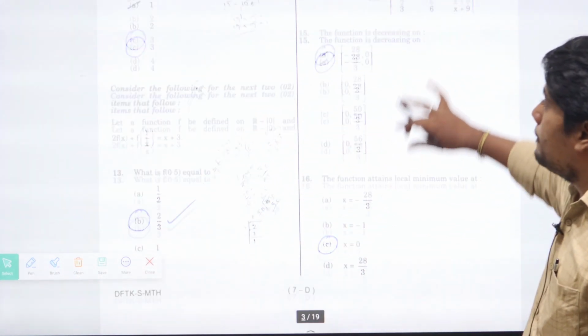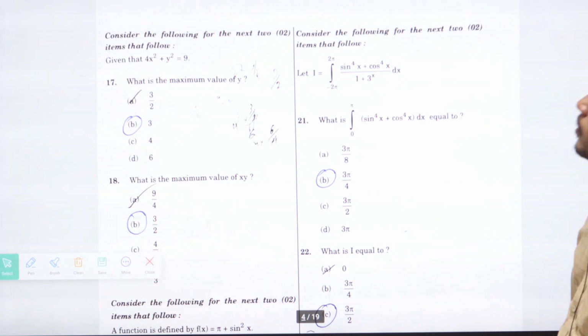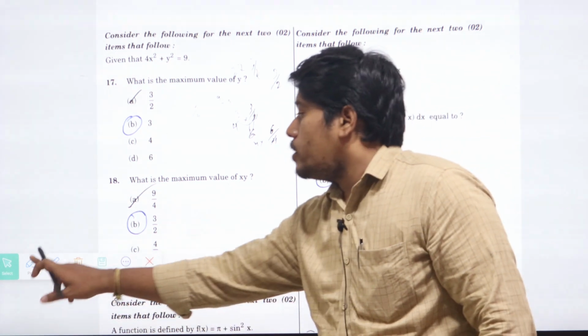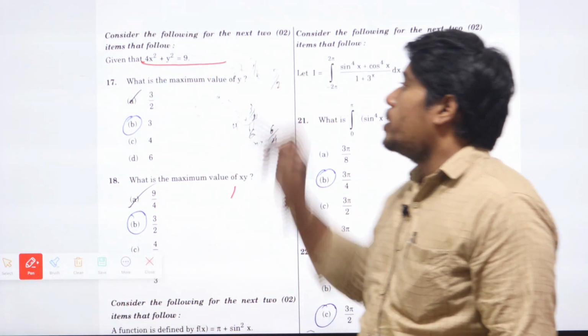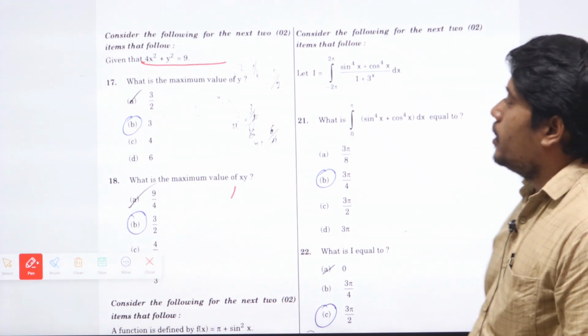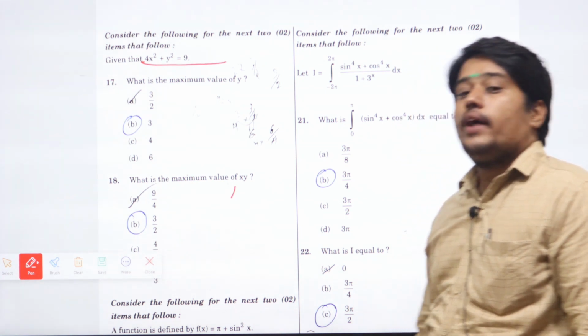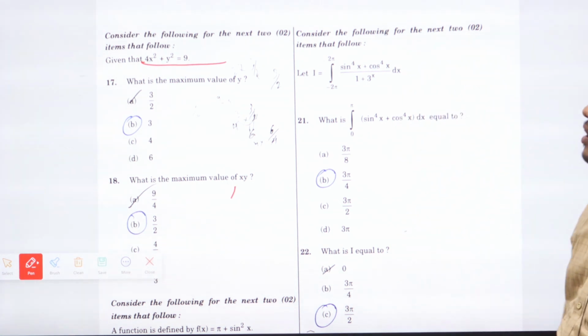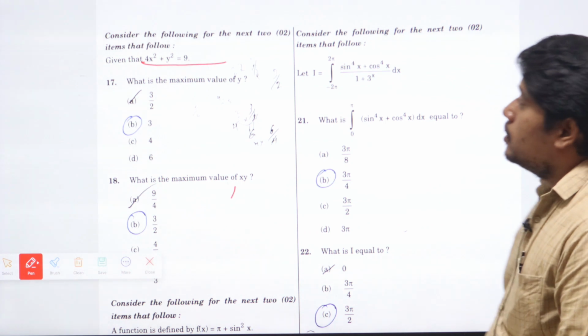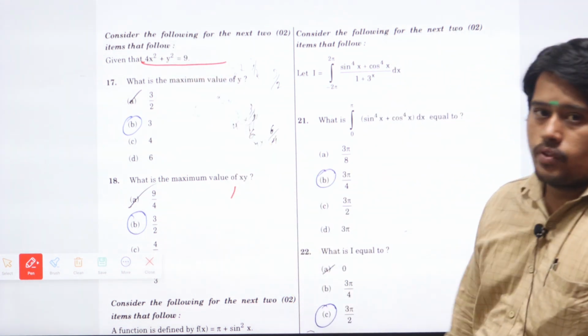So next, question number 17. Given that 4x square plus y square is equal to 9, what is the maximum value of y? And another question, what is the maximum value of xy? First, this is the general form of an ellipse.